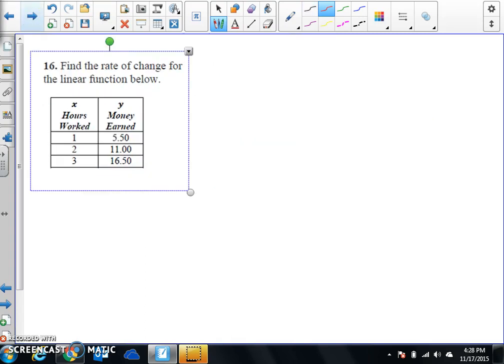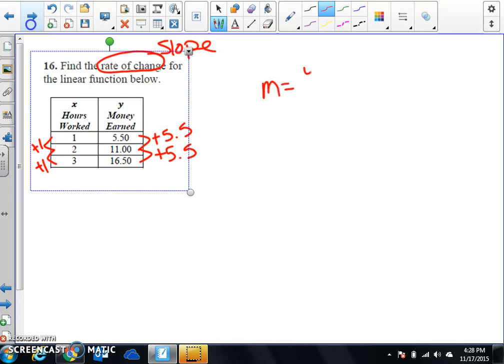All right, find the rate of change. Remember, rate of change is the same thing as slope. Okay, here's my x. So I'm going to find my pattern. This is plus 1, plus 1. Over here, plus 5.5. Over here, plus 5.5. All right, so it's rise over run. There's a lot of different ways: y2 minus y1 over x2 minus x1, or you could do m equals rise over run.